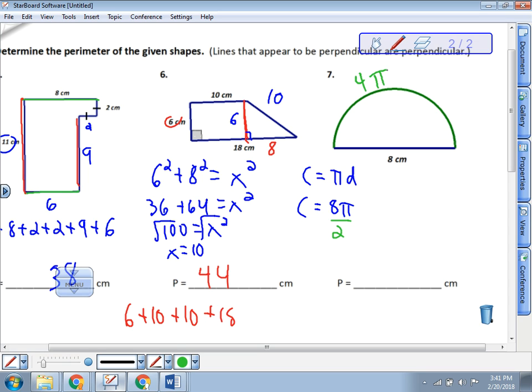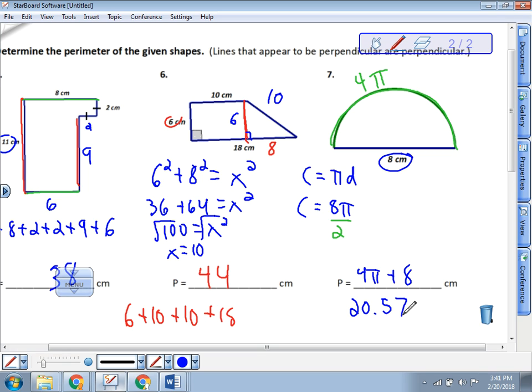So this whole distance in green is just 4 pi. But I also have this 8 here, so my final answer is 4 pi plus 8. You can keep it just like that as exact, or if you want to round, type it in your calculator and you should get approximately 20.57 centimeters.